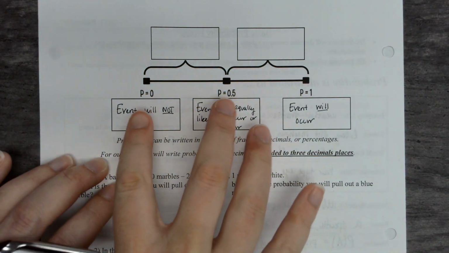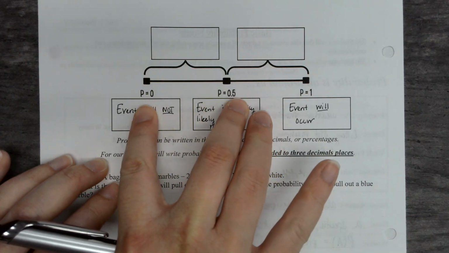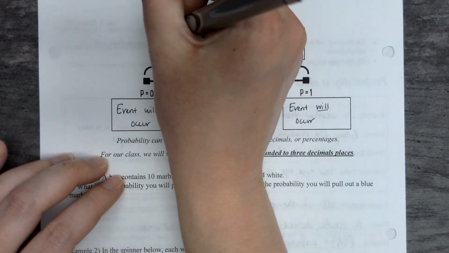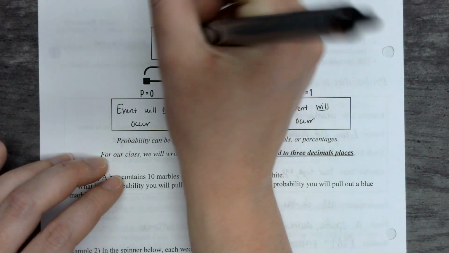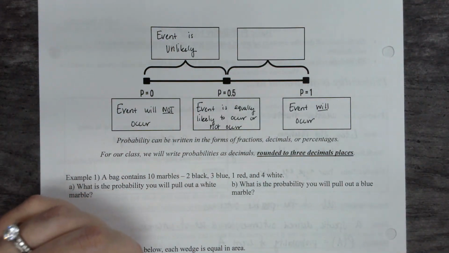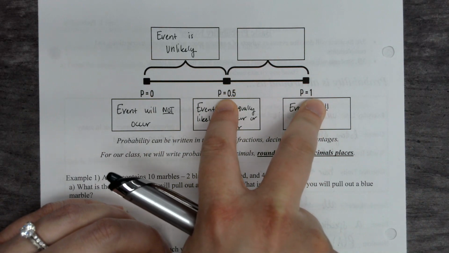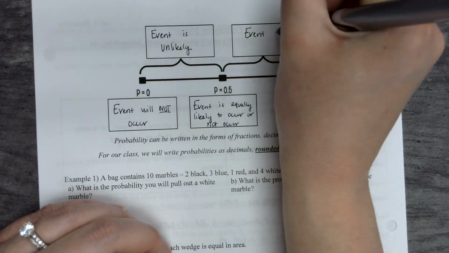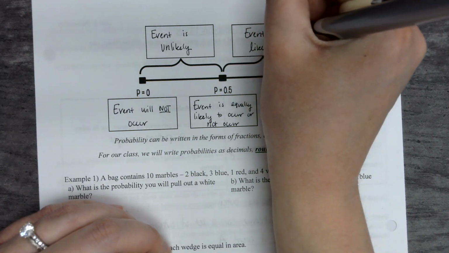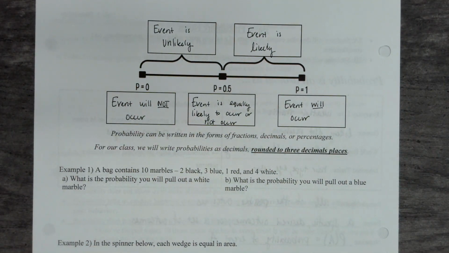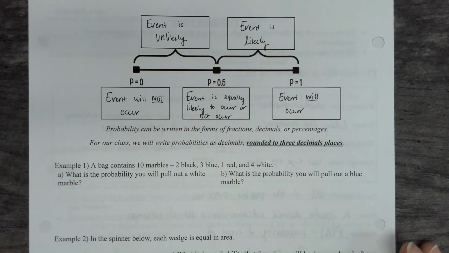So if we have an event going from a probability of 0 to 0.5, we can say that the event is unlikely to happen. Versus if I have something like from 0.5 to 1, then the event is pretty likely to happen. So think of using this as a scale reference or a number line to decide how likely it is that the event is going to occur.